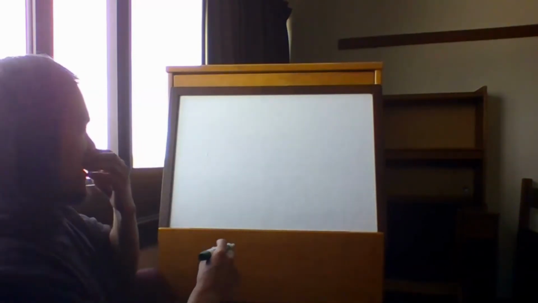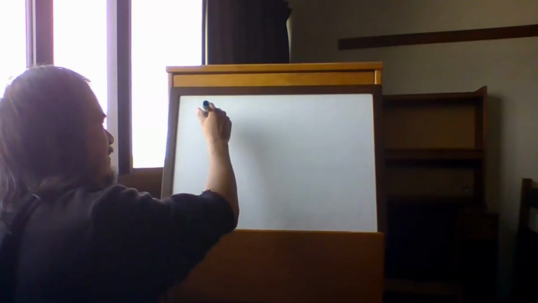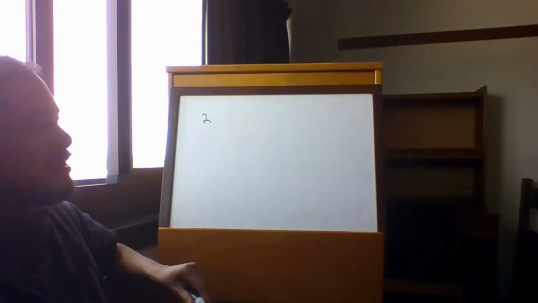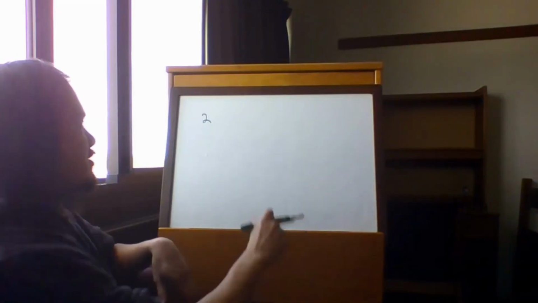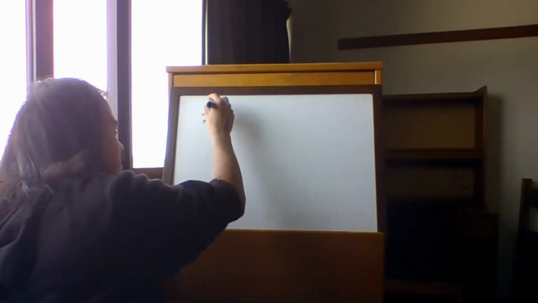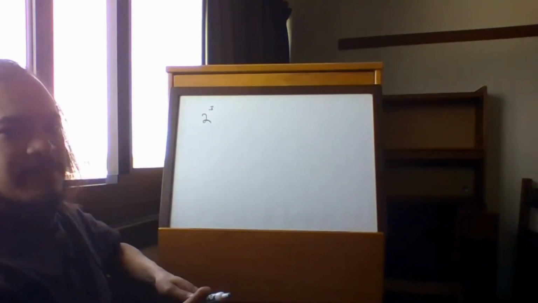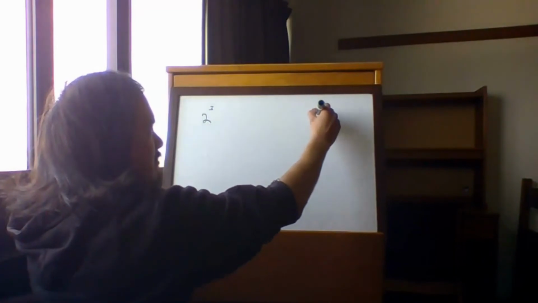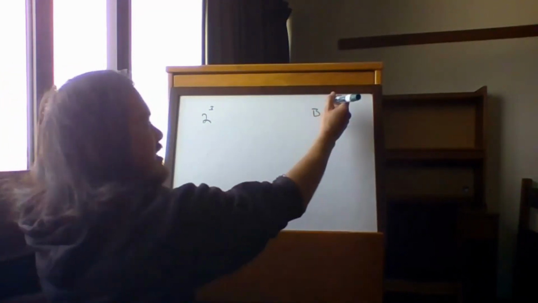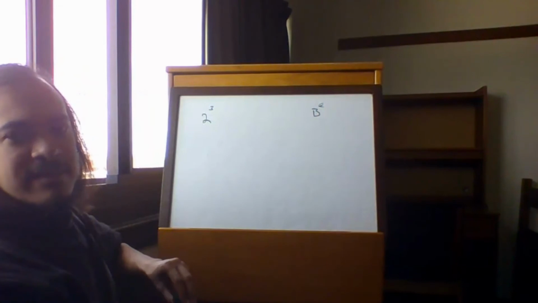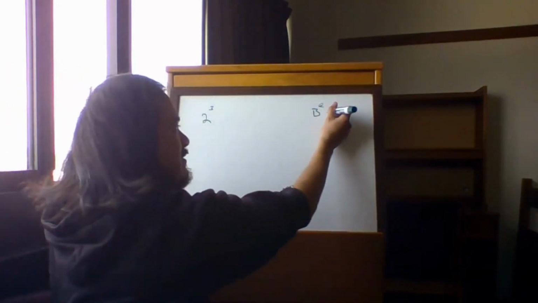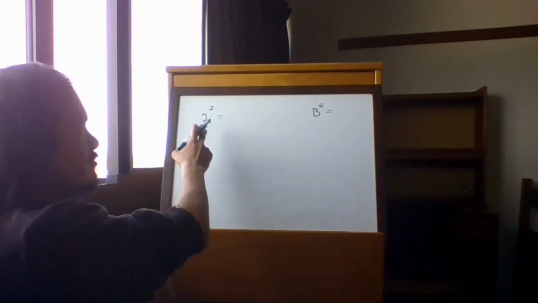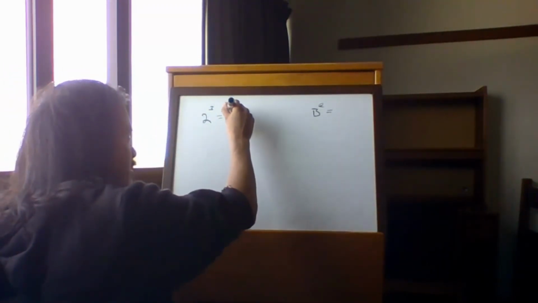If I have, let's say, base number 2, and I raise that to some exponent, 2 to the third power, what I get out of this, in this example, is going to be 8.